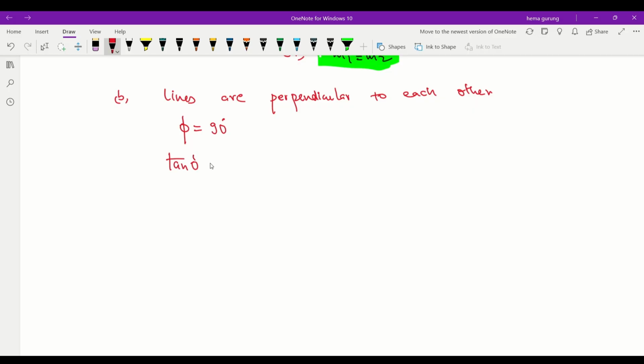You know the formula, tan phi equals plus minus (m1 minus m2) divided by (1 plus m1 m2). So tan 90, if you remember, it's undefined, right? We let it be 1 by 0.